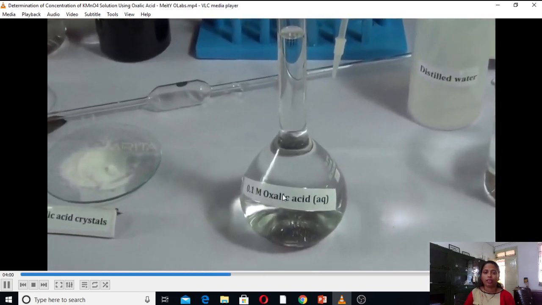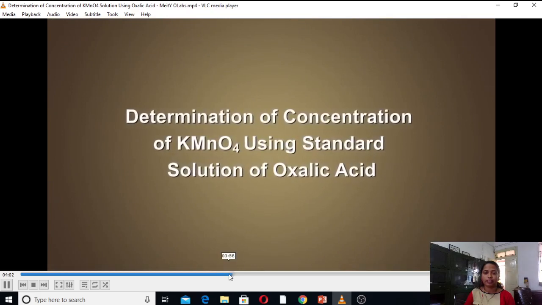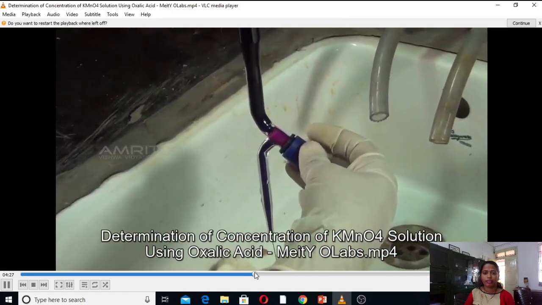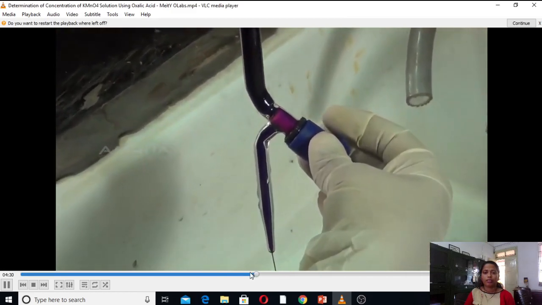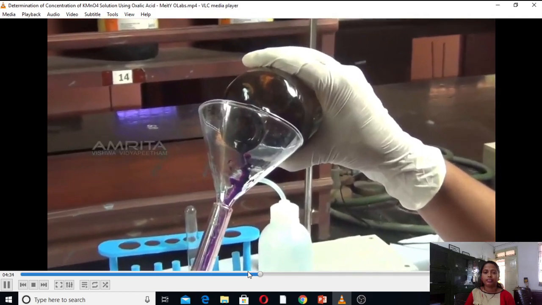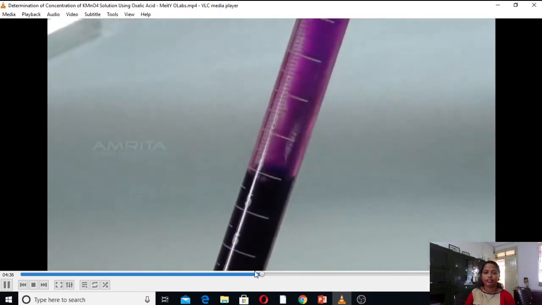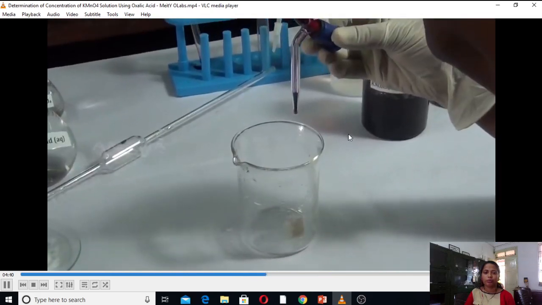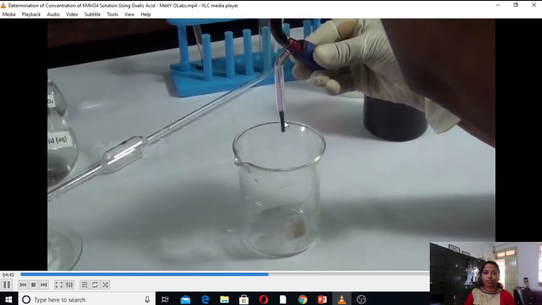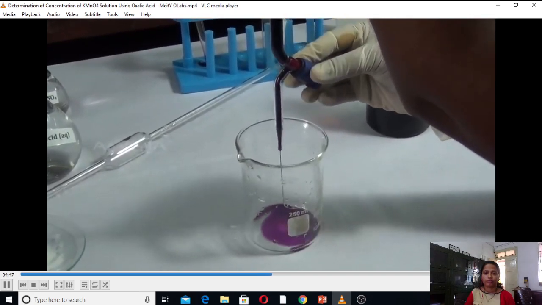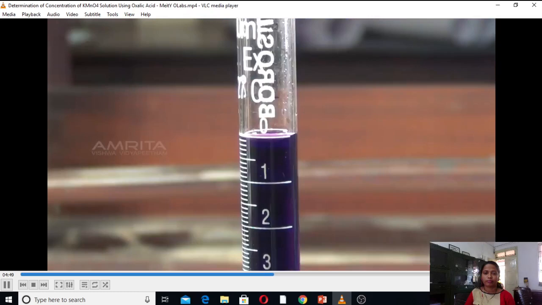Now 0.1 molar oxalic acid is ready. Now the estimation of the potassium permanganate. So fill the burette with potassium permanganate, zero reading, up to the zero.